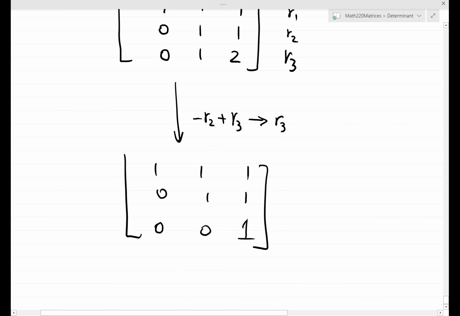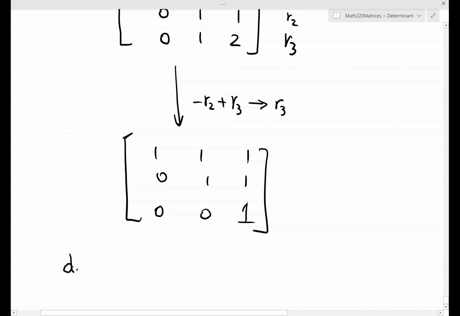Now you see this is upper triangular, and the determinant does not change. So the determinant of A is equal to the determinant of the transformed matrix: 1, 1, 1, 0, 1, 1, 0, 0, 1.